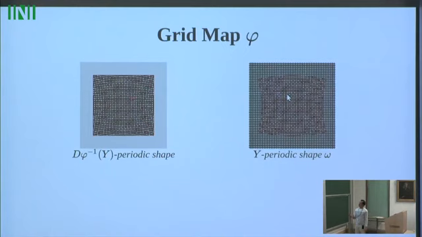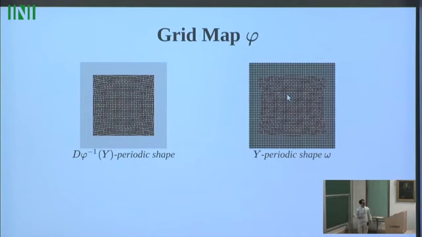So the effect of the grid map is that it allows us to deform the initial periodic structure, so that the orientation of the cells is not necessarily parallel to the horizontal and vertical axes.